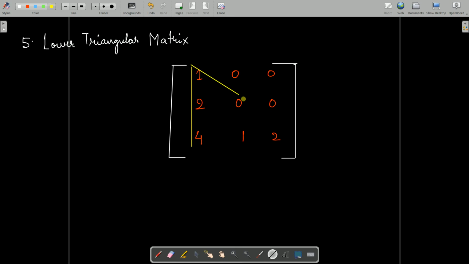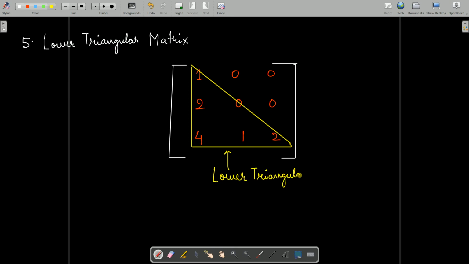As we can see clearly, the elements lie within this lower triangle and the rest of the elements are 0. So this is my lower triangle. If the elements apart from the lower triangular elements are all 0, I will call this matrix a lower triangular matrix.